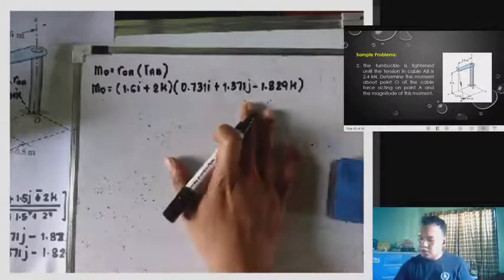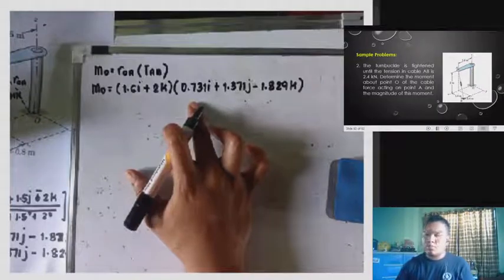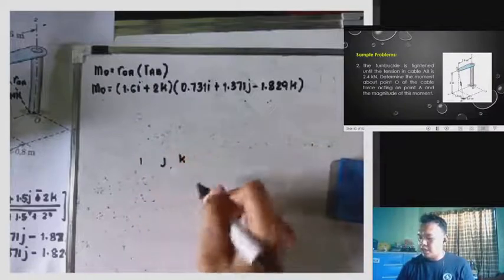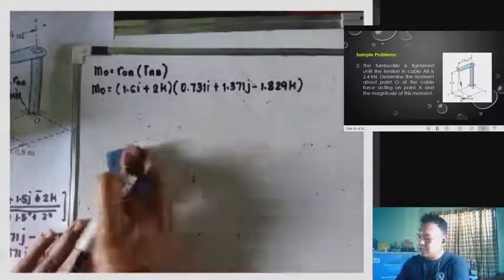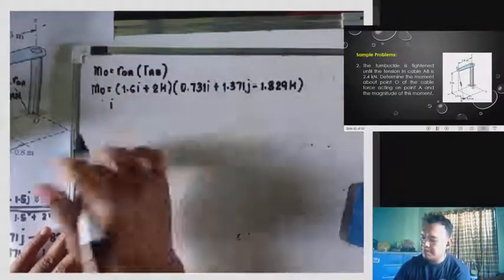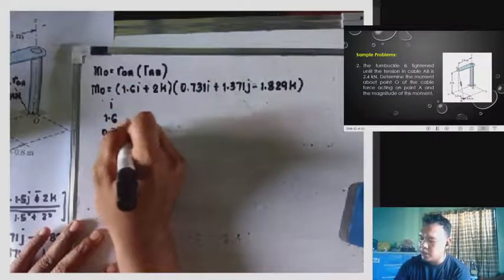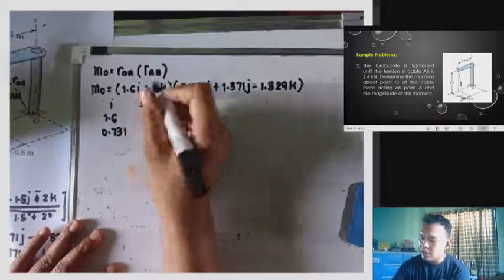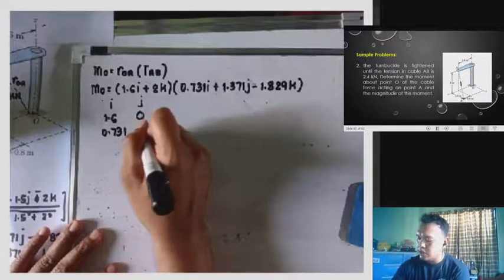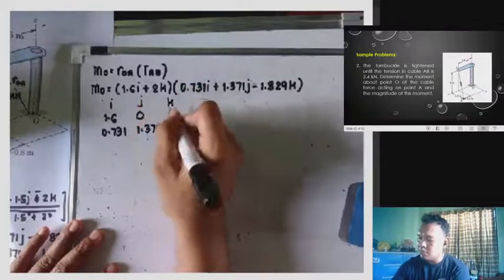Okay. So, therefore, para makuha natin yung value ng MO, we need to cross multiply. Sabi ko nga kanina, yung I, J, K, tapos mag-I, J, K ka ulit. So, we have here I. Yung I natin is 1.6. May I din ako dito, which is 0.731. J, wala akong J dito, so ibig sabihin 0. Pero may J ako dito, which is 1.371. Then K, which is dito, meron akong 2.